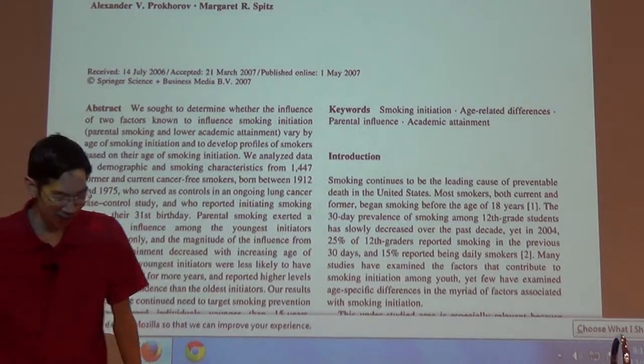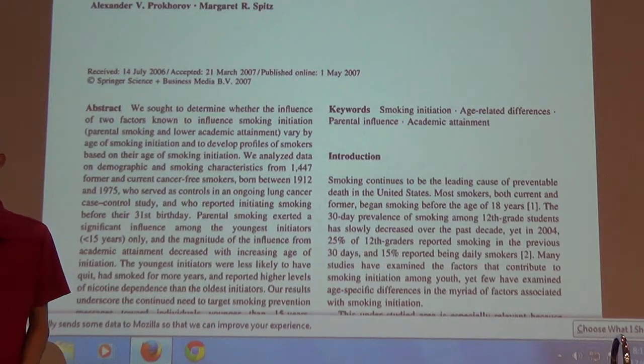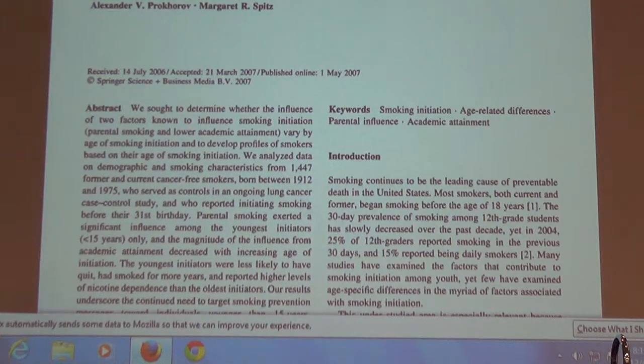It was hard to find a good article that used one-way ANOVA. Like I said, one-way ANOVA is the simplest form of ANOVA, and so many experiments today use something a little more complicated. Okay, all right. So the article is age-related differences and factors associated with smoking initiation.